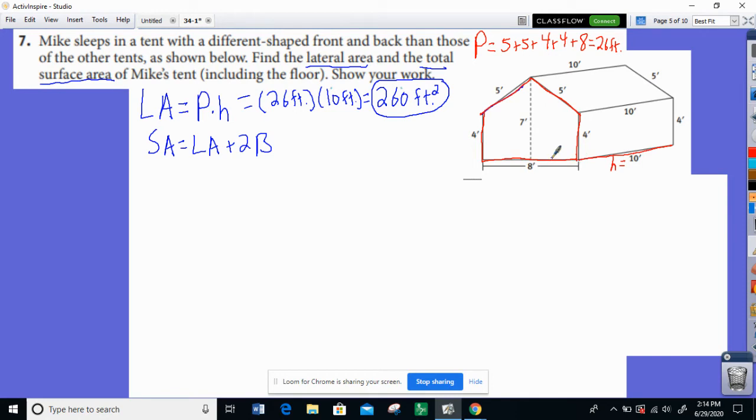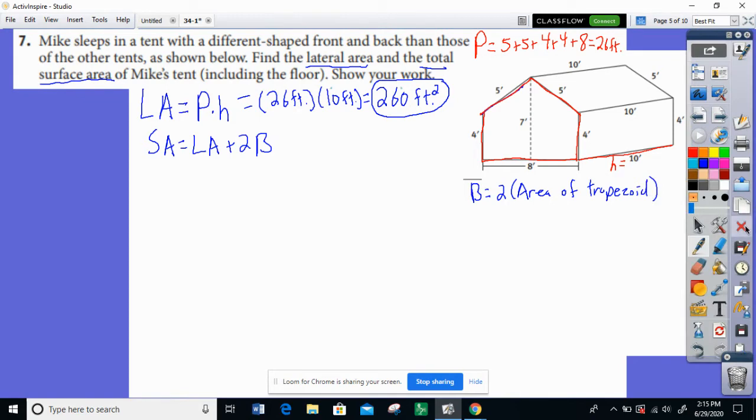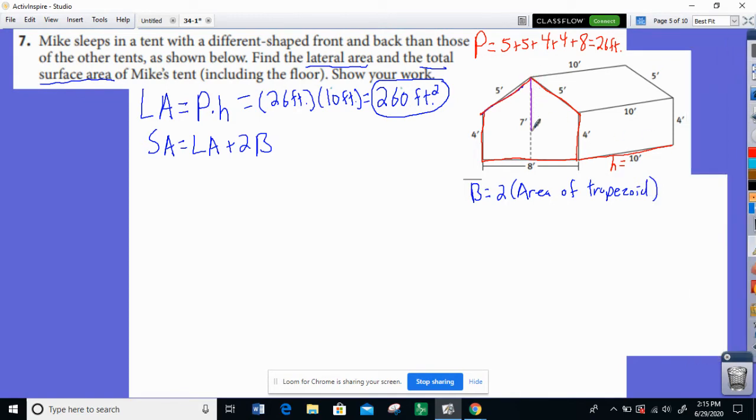We've actually got 2 different trapezoids that make up this base area. So the area of the base is going to be 2 times the area of the trapezoid. So our trapezoid is made up of 2 parallel bases that are 4 feet and 7 feet.